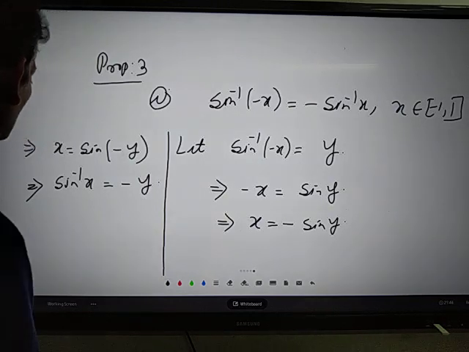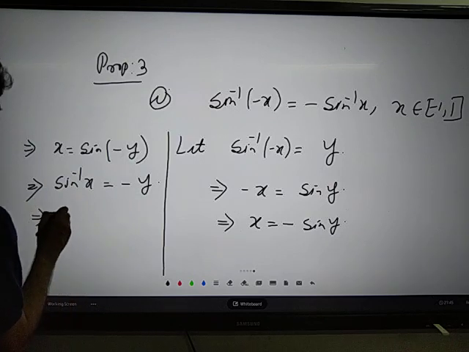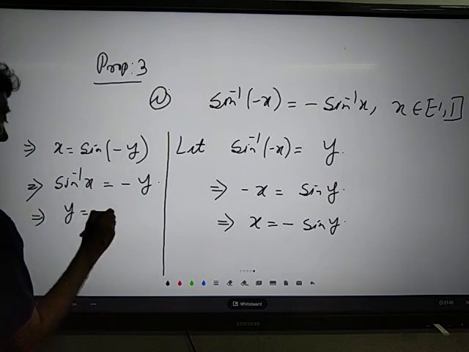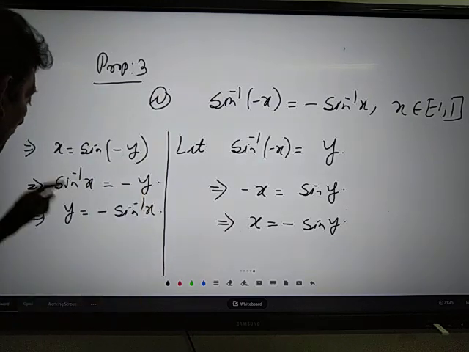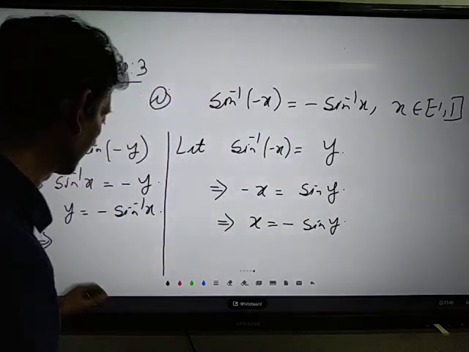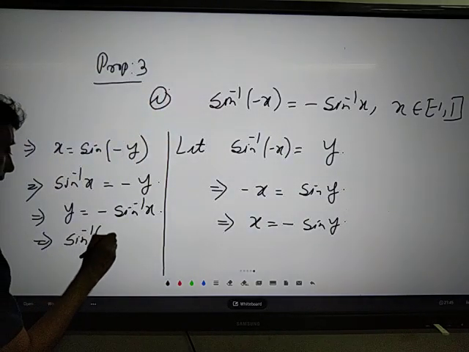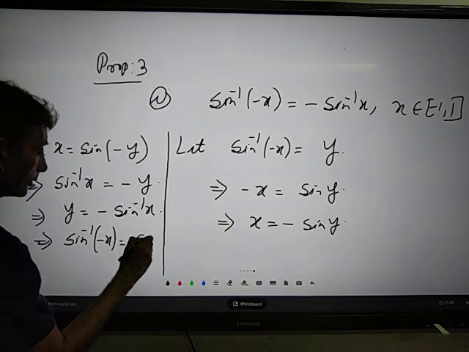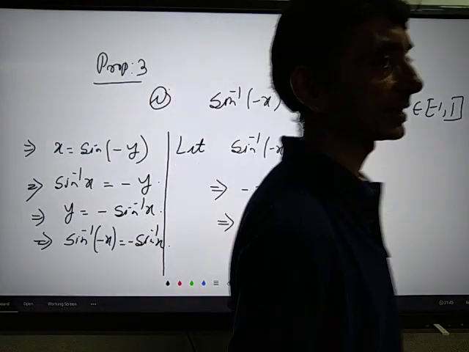If you transpose this minus sign to this side, y equal to minus sine inverse x. Done? Now we just replace the value of y. What is the value of y? y is sine inverse of minus x, so sine inverse of minus x equals minus sine inverse x. It's done. Simple steps.